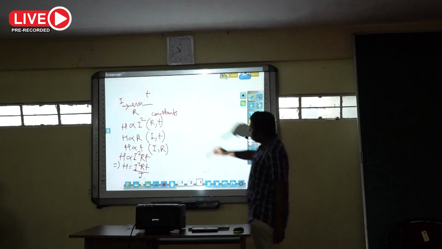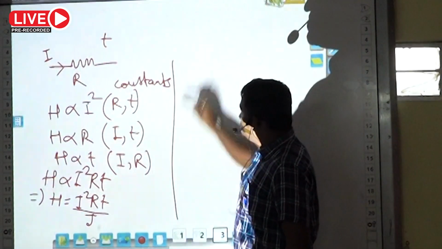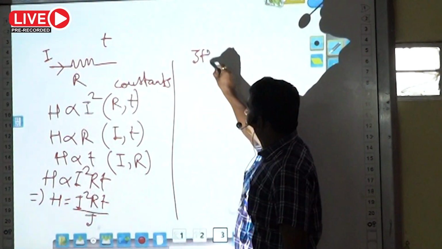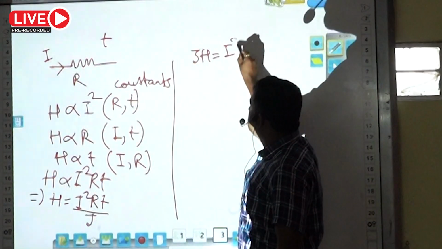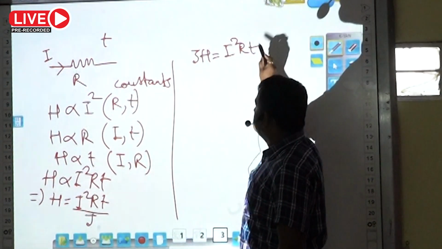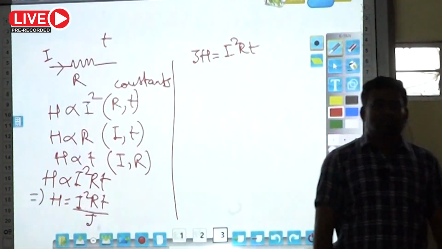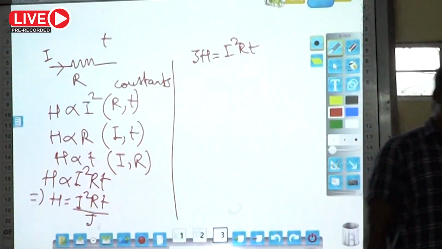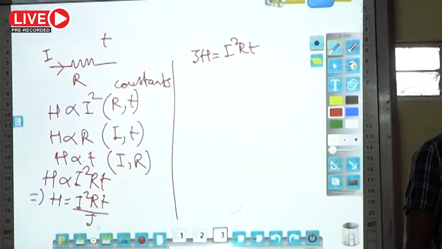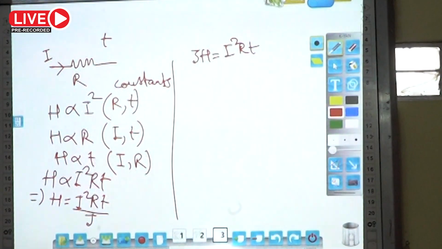Means if you write from this JH, that it will be equal to I square RT. Now you know that W equal to JH means if you are doing the work W, the equivalent amount of heat produced is H, then they are related by W equal to JH, that is called Joule's law.